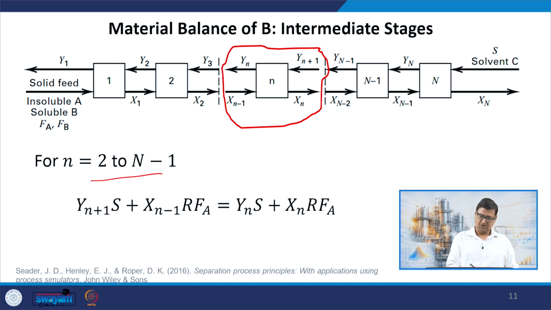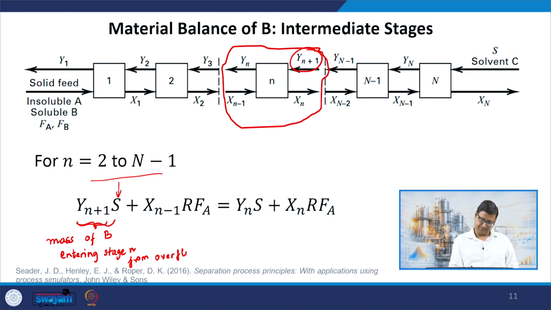So what is coming in for B? y n plus 1, where y is the ratio of the mass of B to the mass of solvent, and the mass flow rate of solvent is S. So y n plus 1 S is the mass of B entering stage n from the overflow, and there is also a mass of B coming from the underflow, that is coming from the n minus 1th stage, right.